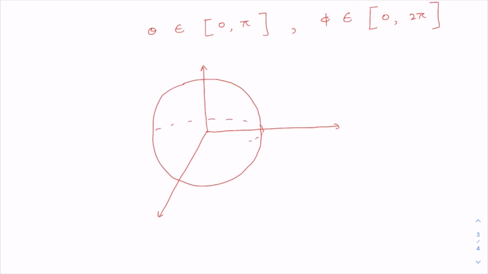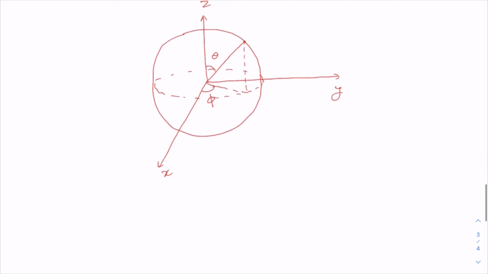So this is the equatorial plane. Let us say this is my x-axis, this is y, this is z, and an arbitrary point on the sphere is, say, this one, and this angle is theta, and this is the angle phi. To give you some example, let us say theta is equal to 0 and phi is equal to 0.